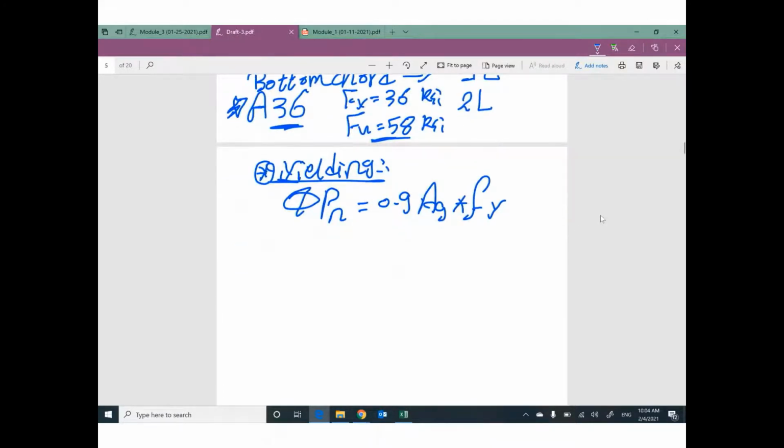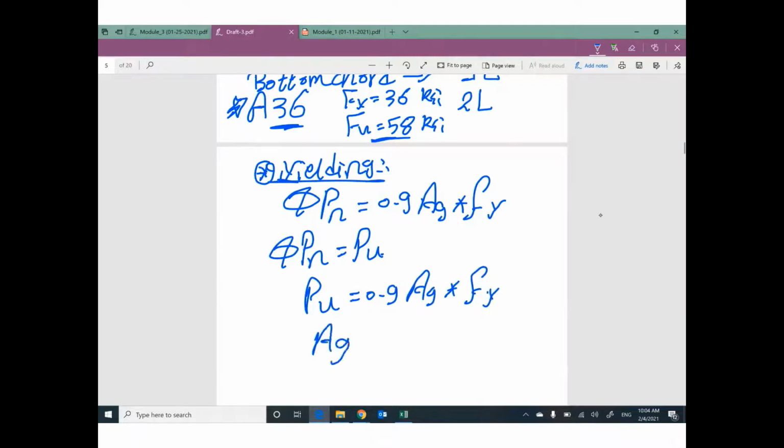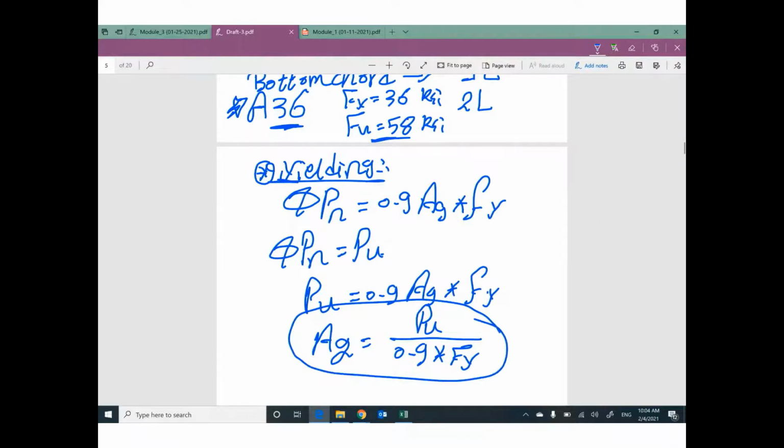Okay, so the most critical part, I will assume phi Pn equals P ultimate. So P ultimate equals 0.9 times area gross times F yield. If you would like to get area gross, you have to divide P ultimate by 0.9 times F yield. That makes sense?